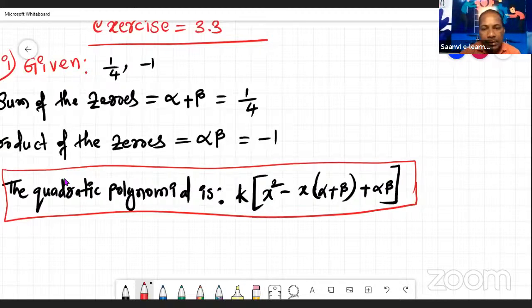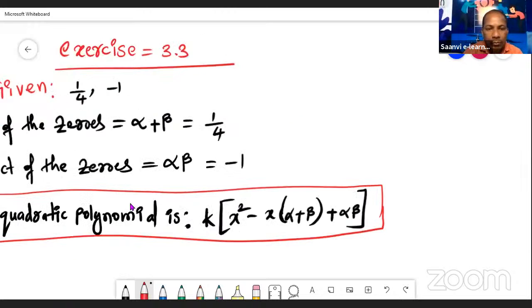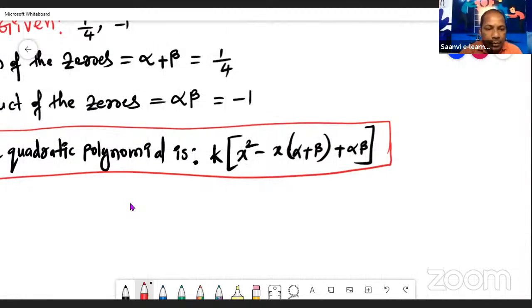See how much we get. k of x squared minus x into alpha plus beta.